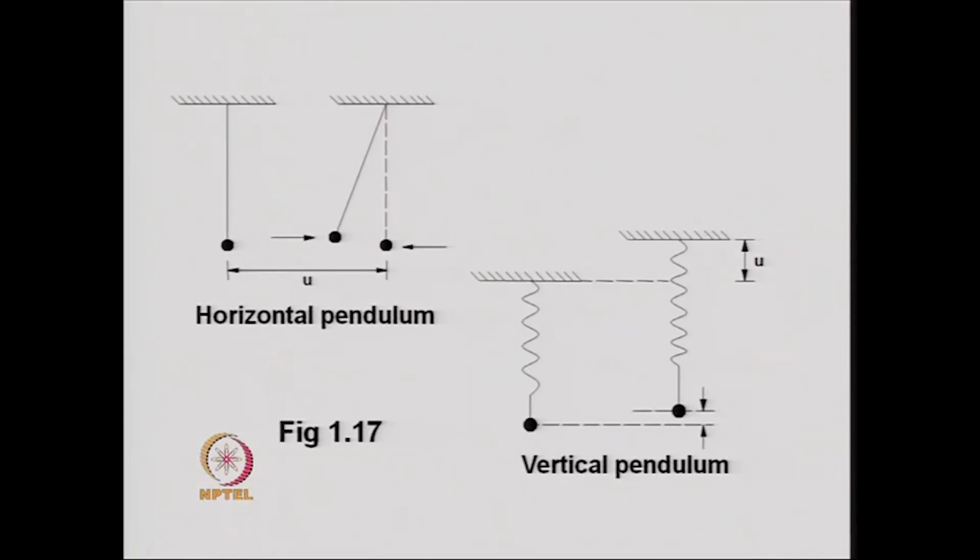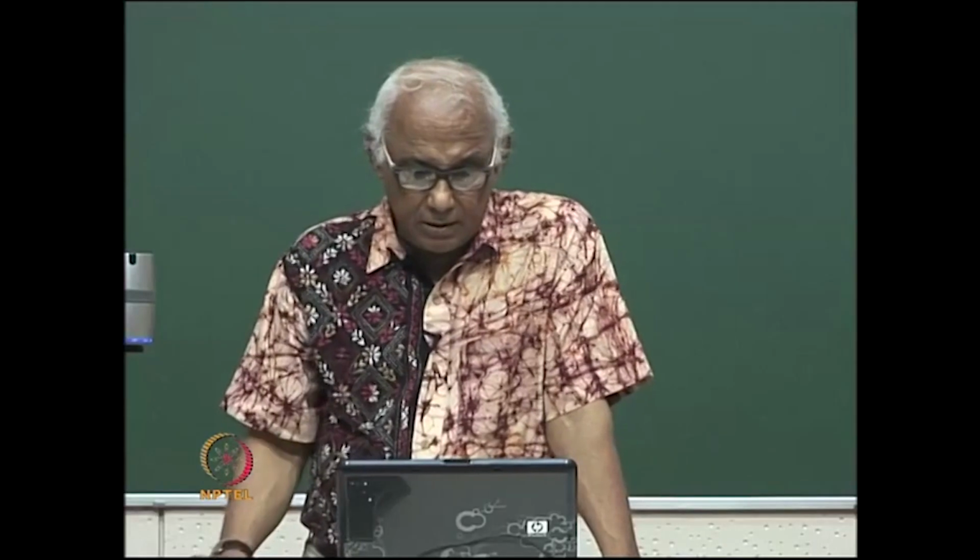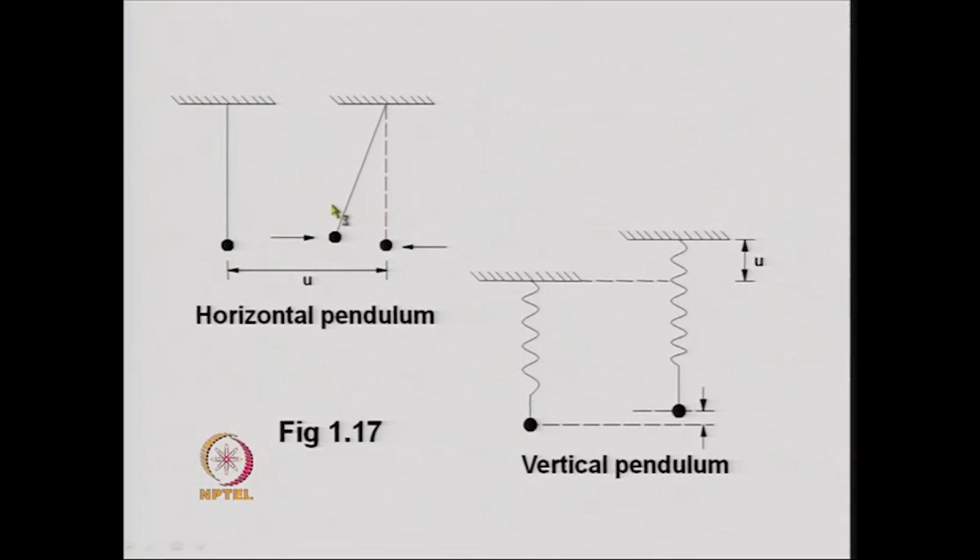If the horizontal ground motion is measured, then the bob acts as an inverted pendulum in the horizontal direction. If the vertical movement of the ground motion is measured, then the entire setup can be thought to be a vertical pendulum.